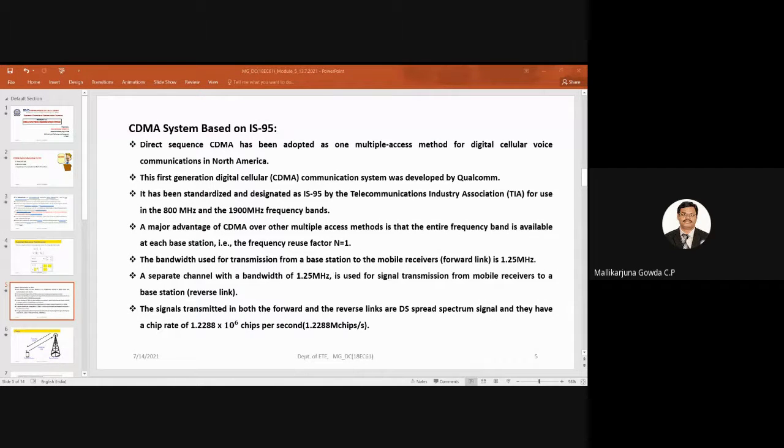Karunya. Yes, Karunya. What example I gave, is it possible to say? I took some numerical value. I said this is what the bandwidth is available.